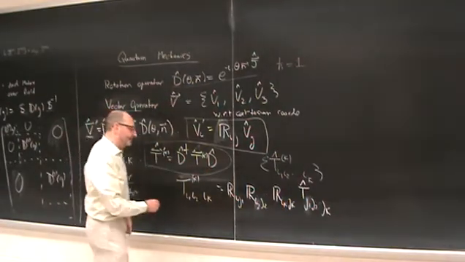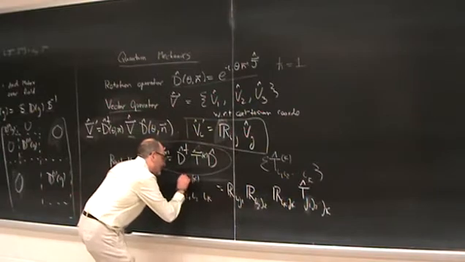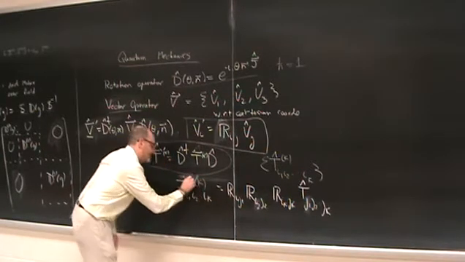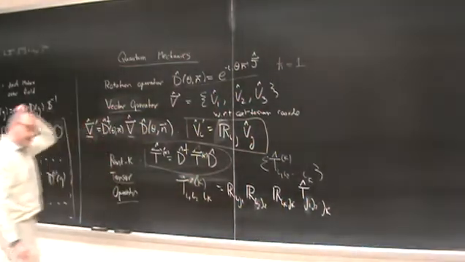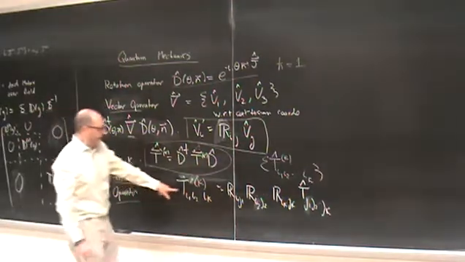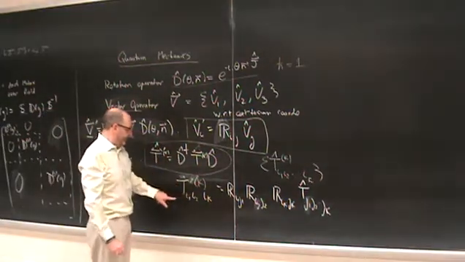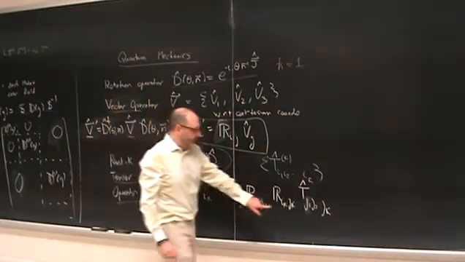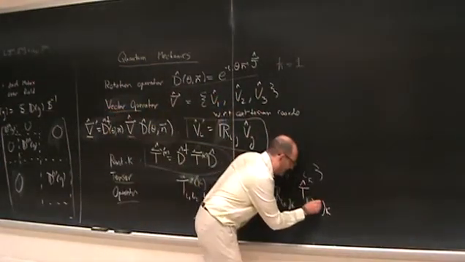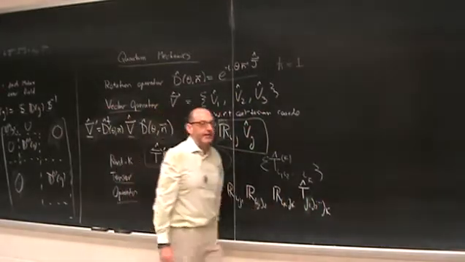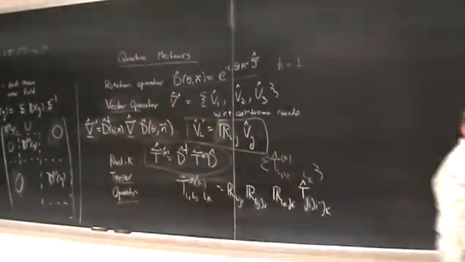And what makes this a rank K tensor operator is that the components of this rotated tensor are related to the components of the unrotated tensor by the collection of rotation matrices. Okay?